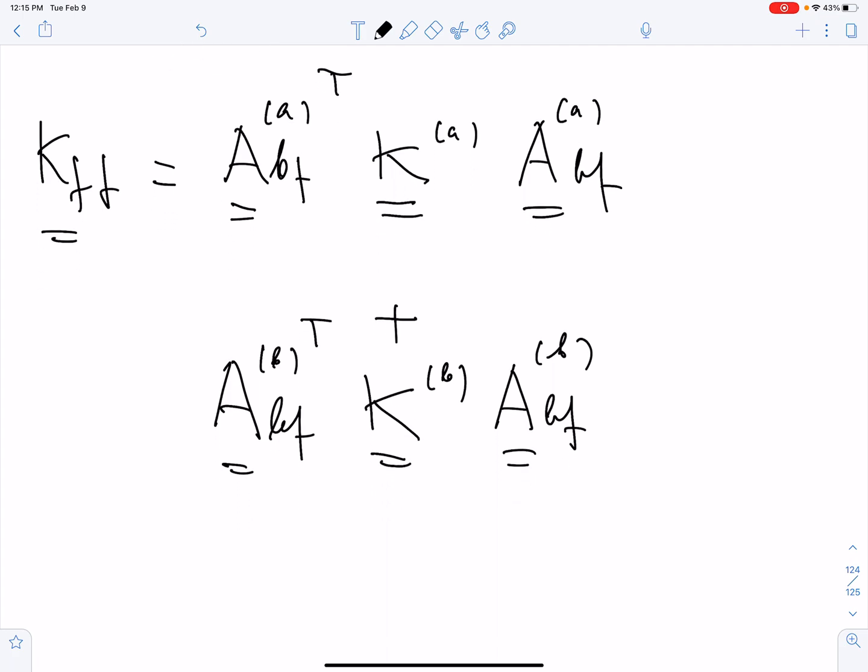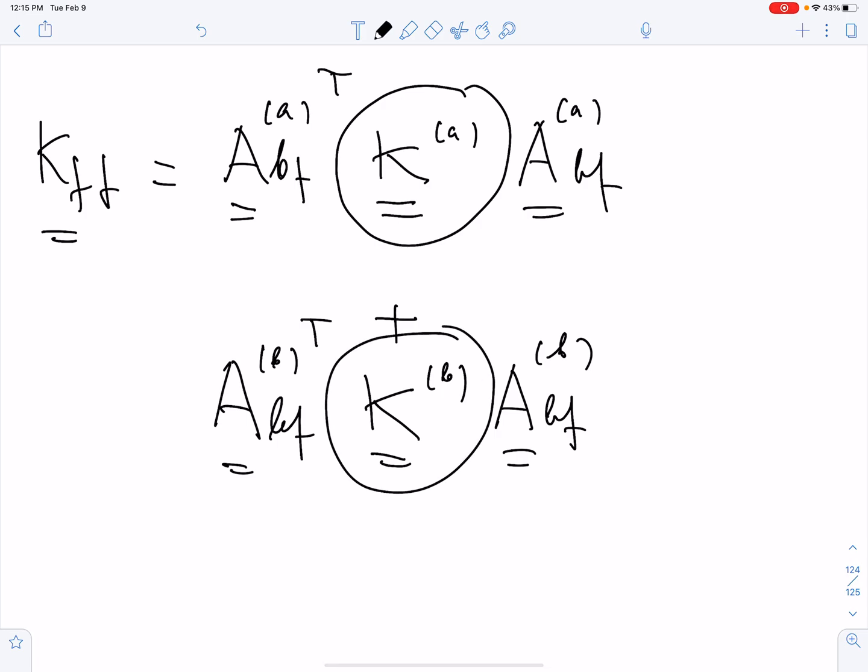Okay. So what does that mean? Structure stiffness matrix equals the sum of individual element stiffness matrices. But that sum is modified by the presence of these Boolean matrices.